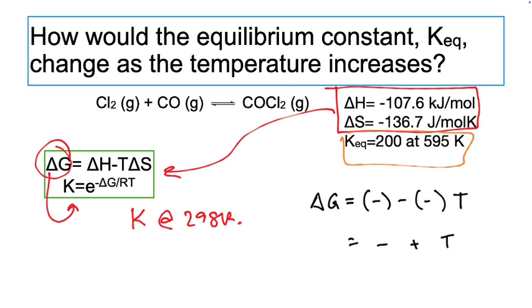The quadrants. We just established the quadrants. Remember? When are we spontaneous here? When the temperature is low. So what do you think is going to happen to K if we increase the temperature?